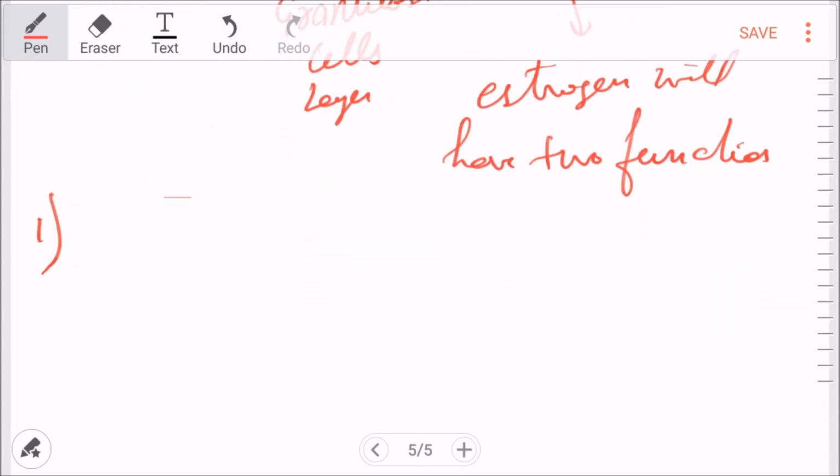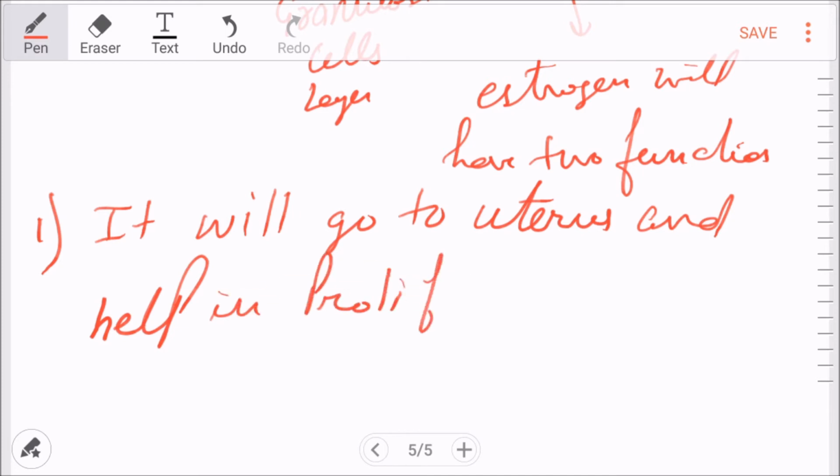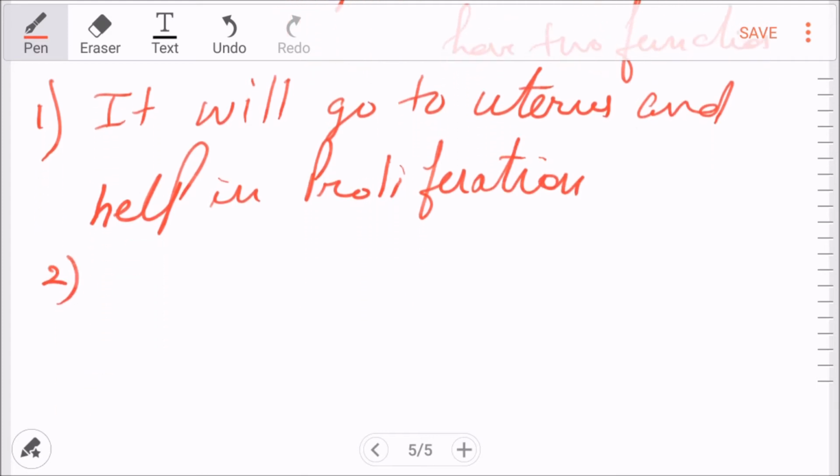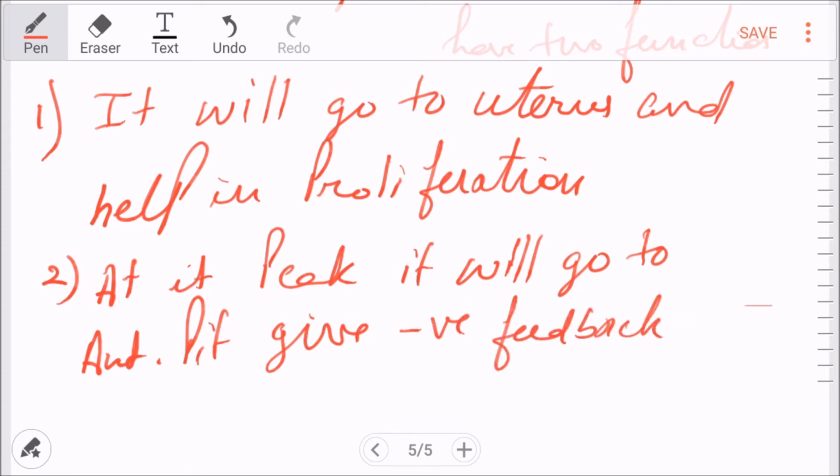First is it will go to the uterus and help in proliferation, and second, at its peak level it will go to anterior pituitary, give negative feedback to stop FSH.